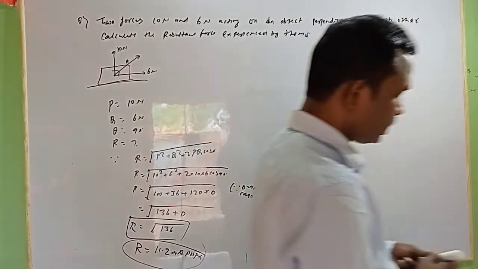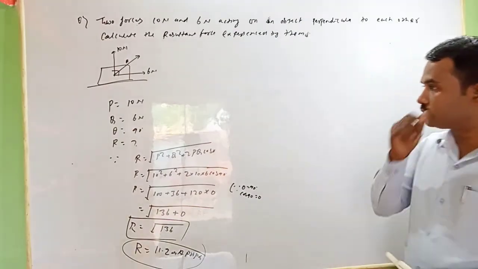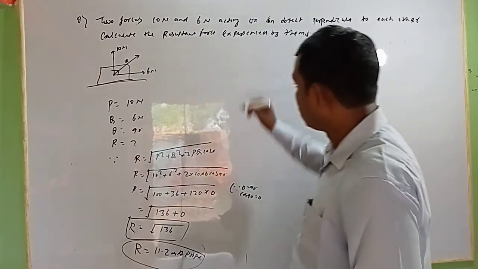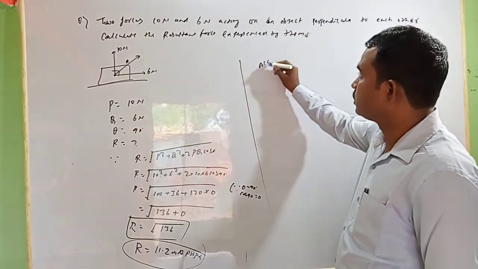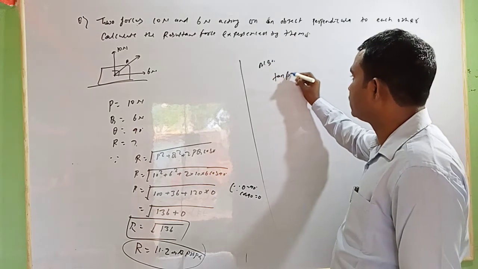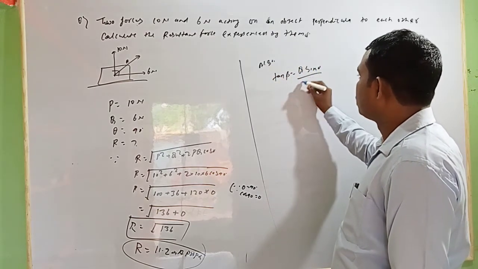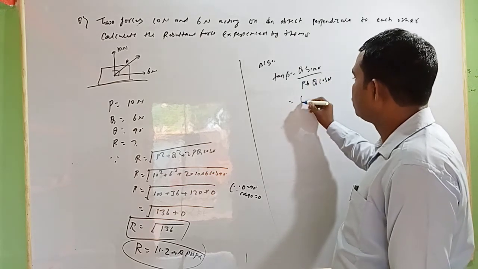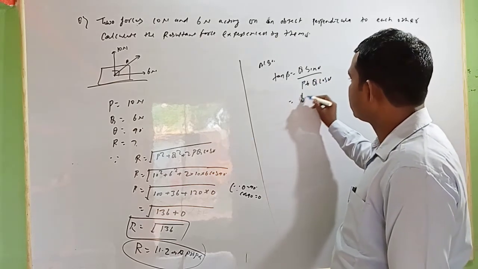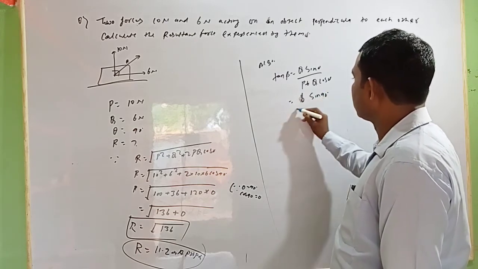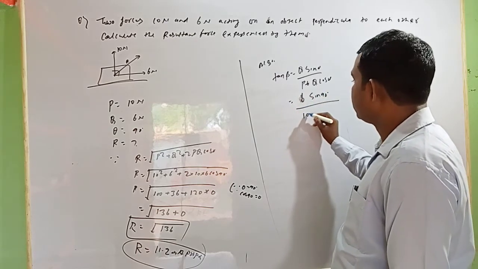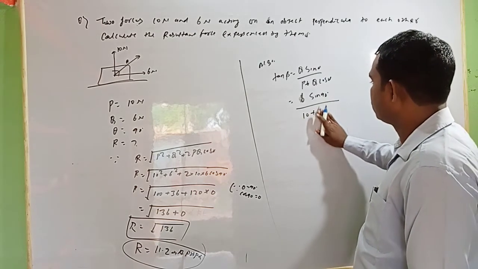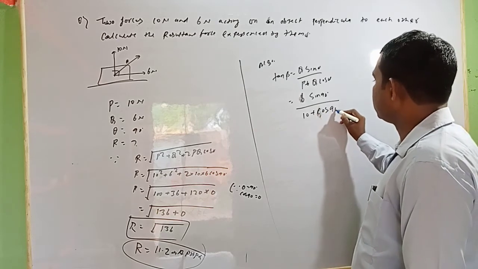Okay, students. Such type of questions you can practice. Suppose you want to find the direction, then how will you find it? We have tan beta is equal to Q sin theta divided by P plus Q cos theta. So Q is the value 6 and then sin 90 degrees, and P means 10 plus Q cos 90 degrees.